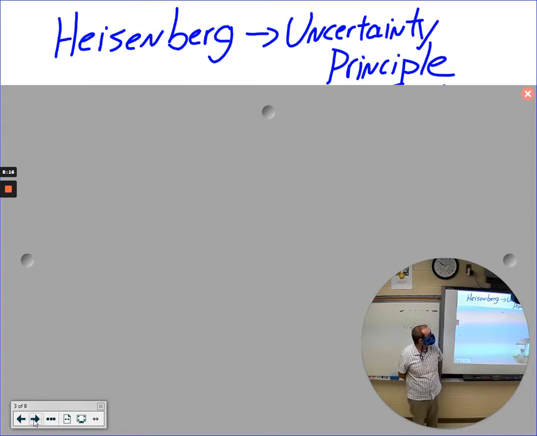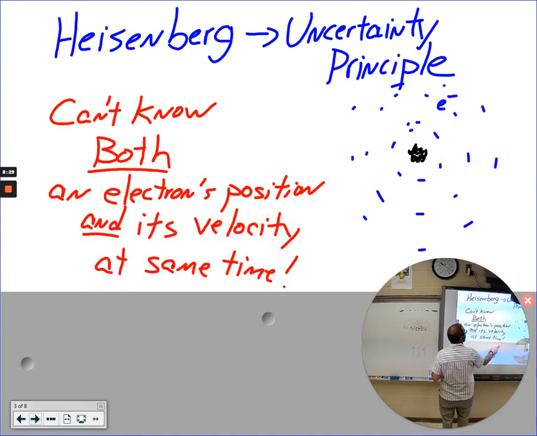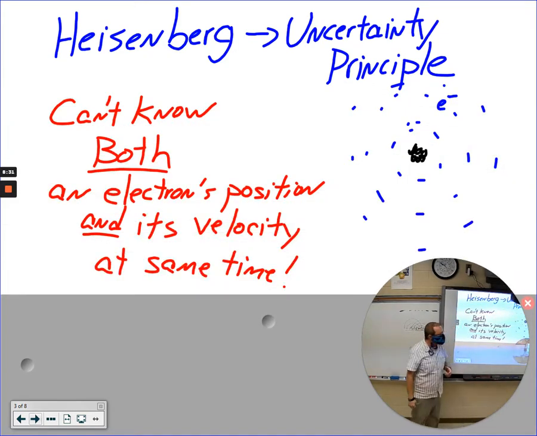Heisenberg said that because of the spooky, weird behavior of electrons, it is impossible to know both an electron's position and its velocity at the same time. Now, before you write that down, just hear me out for a minute. What that means is that electrons are always in motion. This much we know.